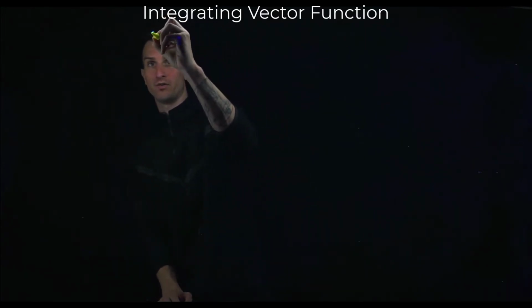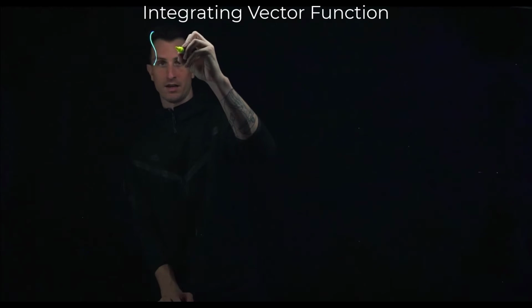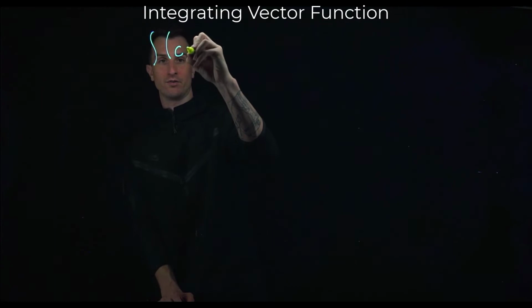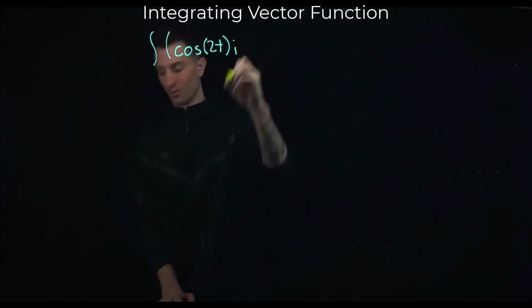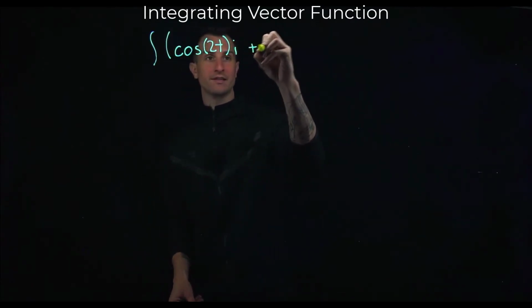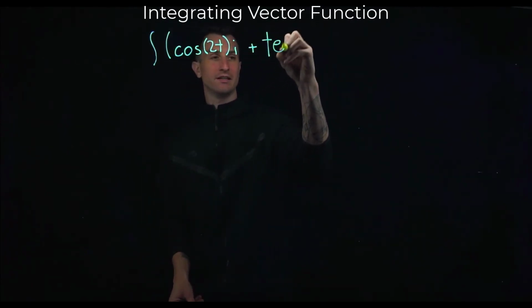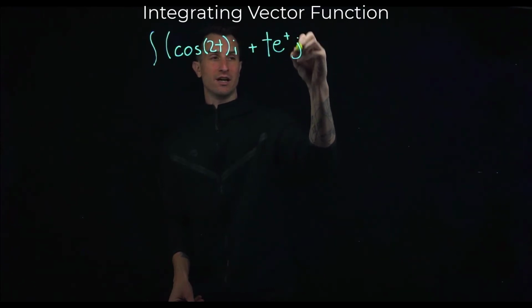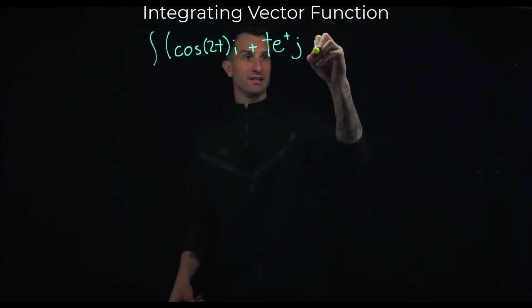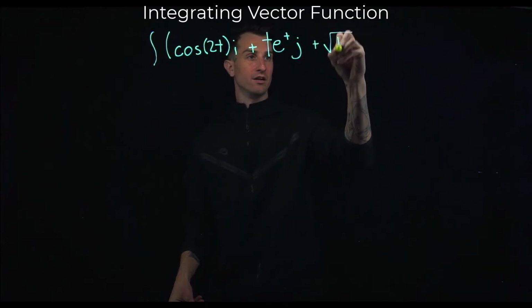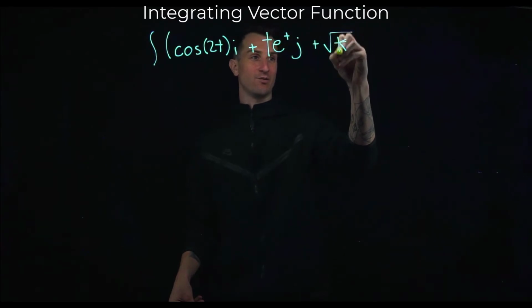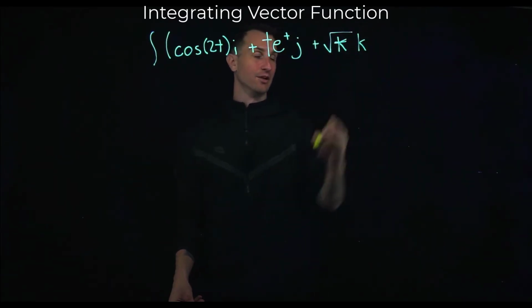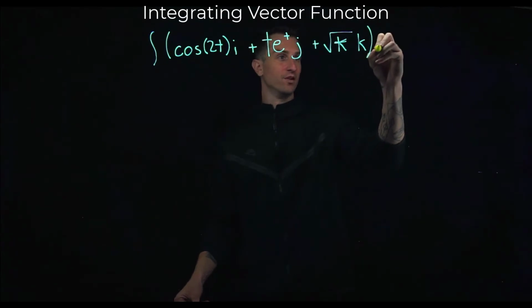Let's do the integral of cosine of 2t i, so we'll write it out in physics form, plus t e to the t j, and lastly we'll do a nice easy one, plus the square root of t, I'm sorry, k. There we go. dt. Mistakes happen.